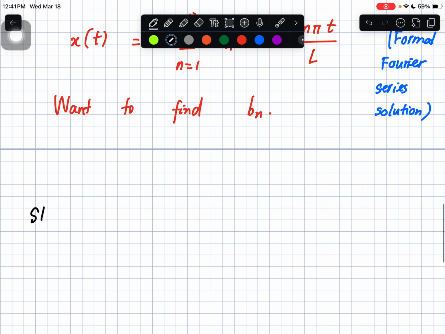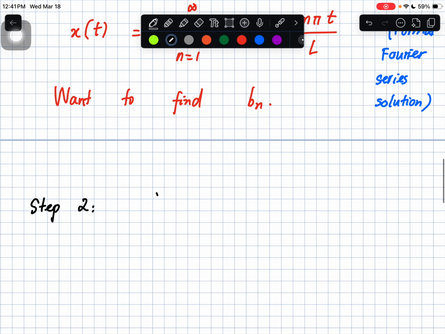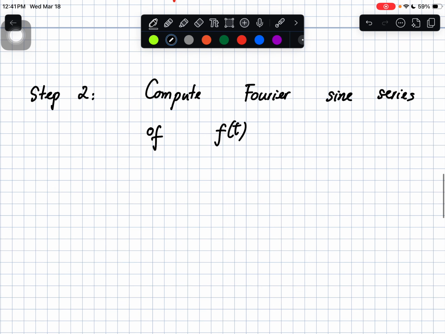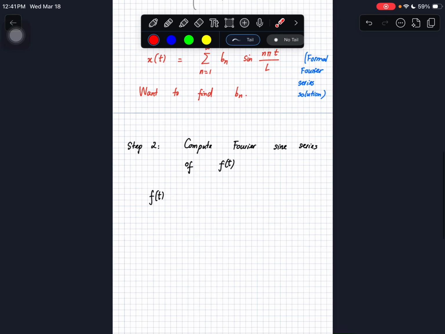Step 2. Compute the Fourier sine series of f. So f(t) is given to us, a forcing function.